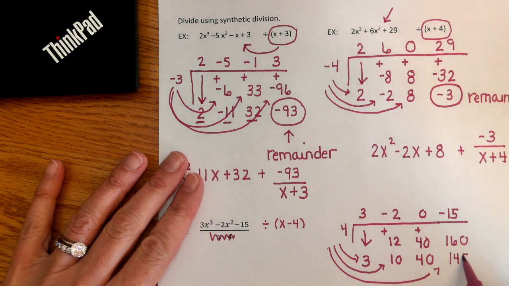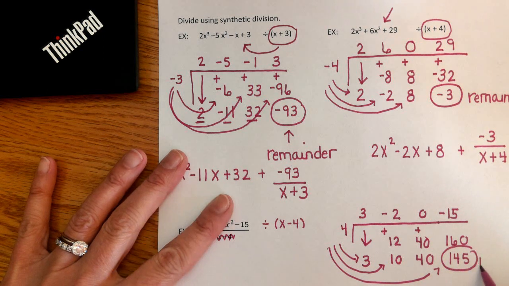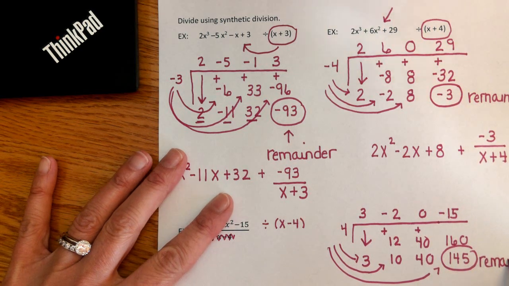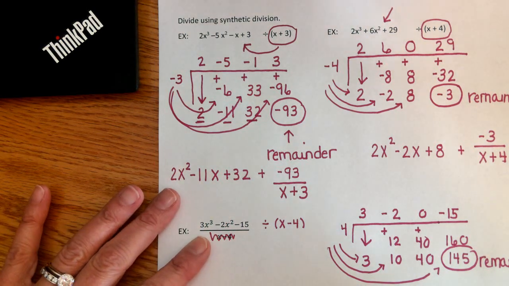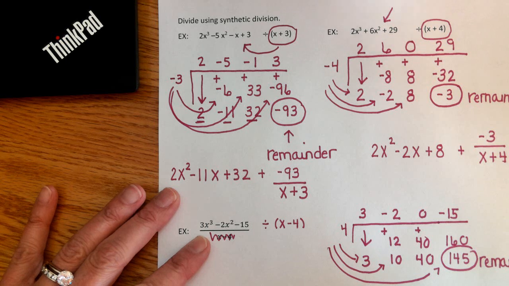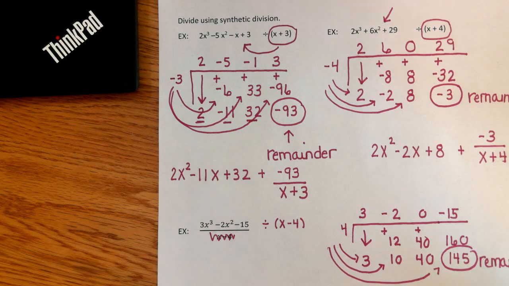And you all should know by now that that is your remainder. And your final answer will be 1 less than the original, so 3x squared plus 10x plus 40 plus 145 over x minus 4. All right, looks good.